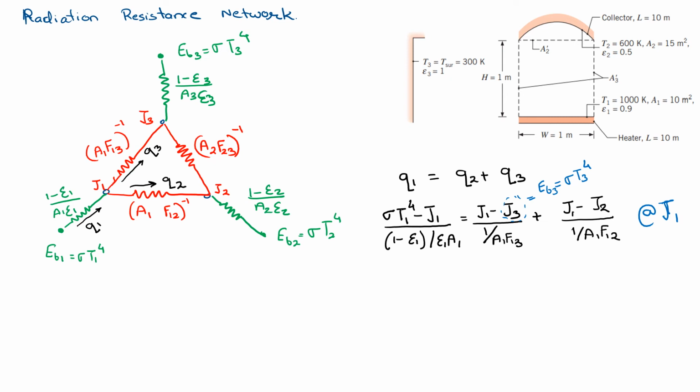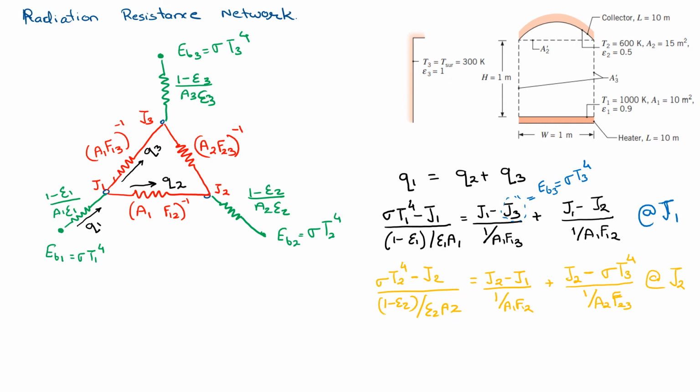You can write the summation of currents as sigma T2 to the power 4 minus J2 divided by 1 minus epsilon 2 divided by epsilon 2 A2 equals J2 minus J1 upon 1 by A1 F12 plus J2 minus J3, and now I'll just write J3 as sigma T3 to the power 4, divided by 1 upon A2 F23. Okay, and this is at J2.